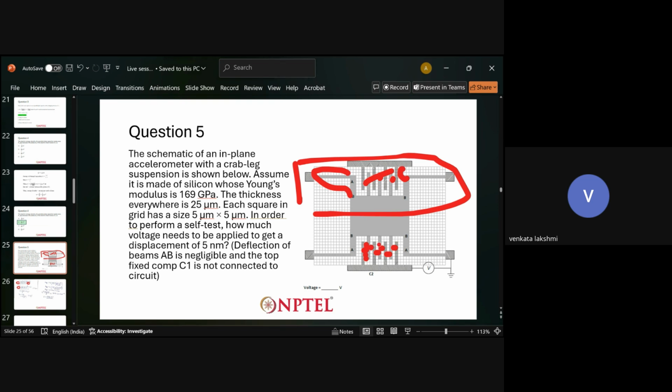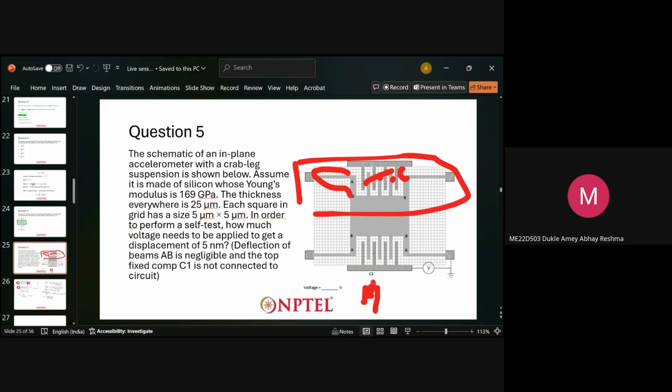Sir, one more, I'm sure the figure, sir. The grid figure. Okay, so you are not able to see it. Yes, sir. So now I'll just show you. Here we have the two capacitors.